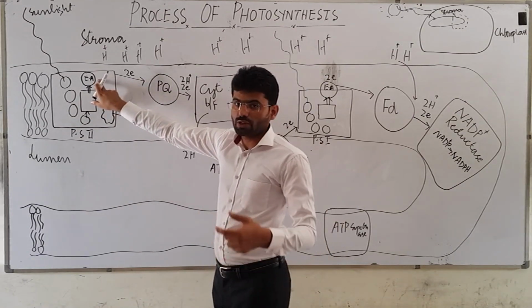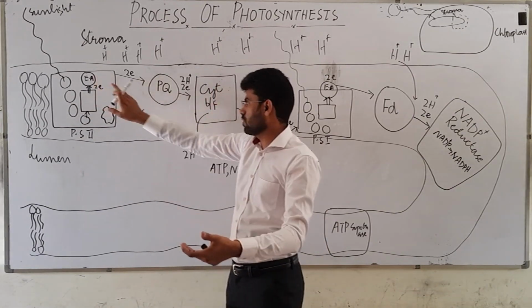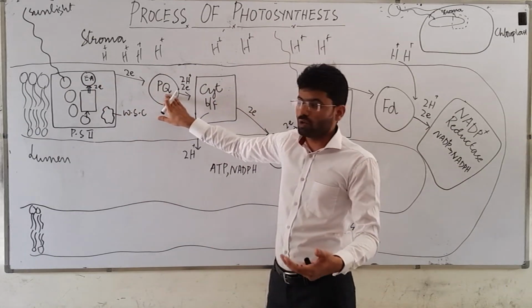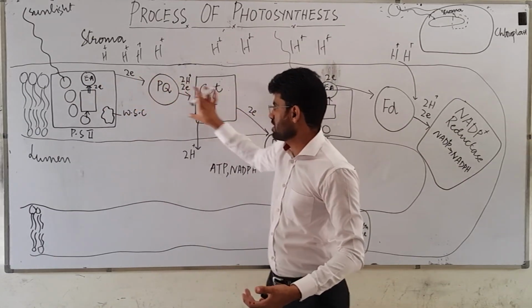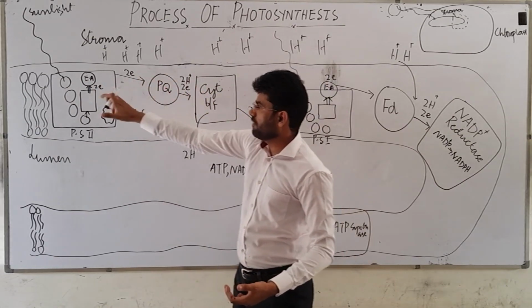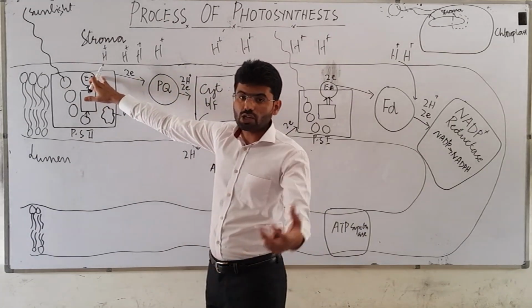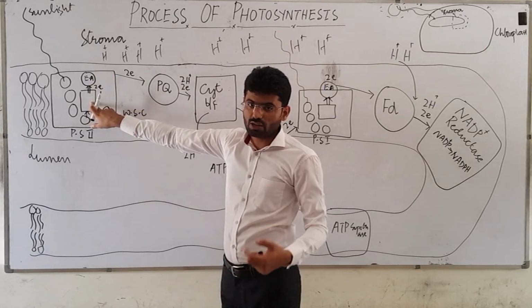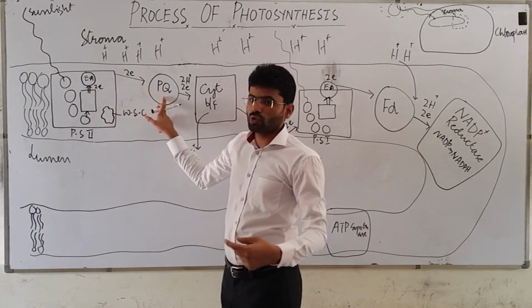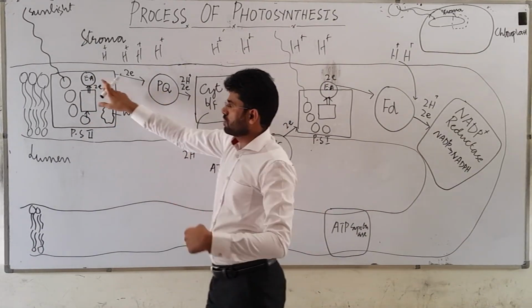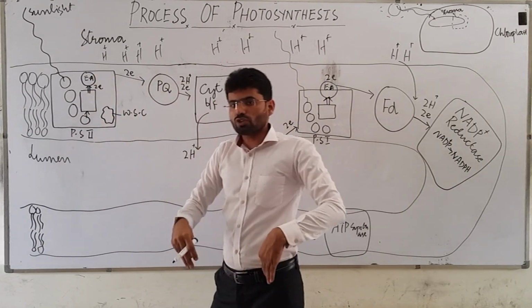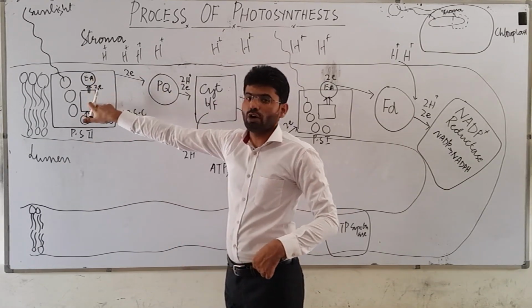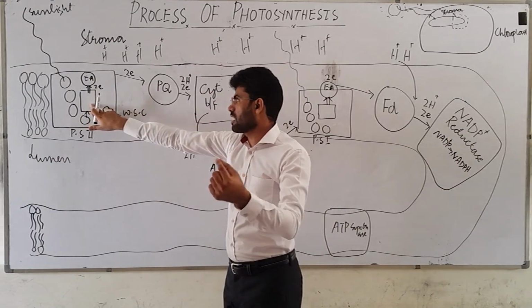This pheophytin will deliver these two electrons to this plastoquinone, because it can move from this place to this place. So whenever this electron acceptor molecule receives electrons from this reaction center chlorophyll A, this plastoquinone will go to this electron acceptor to take those two electrons which it received from reaction center chlorophyll A.